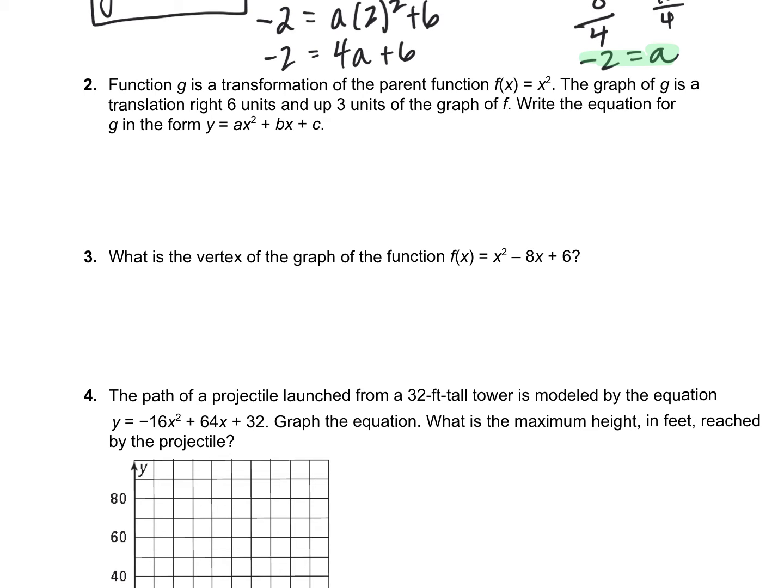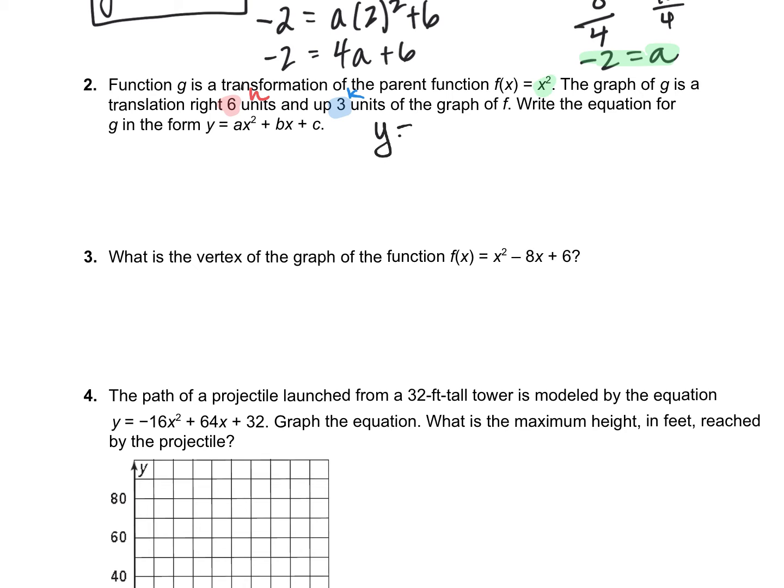Question number 2 talks about our parent function, and our parent function is this guy right here. That's just telling me what the shape of the graph is, so that would be a parabola. It's going to transform 6 right, that's my h, and 3 up, that's my k. So this guy is h, this guy is k. So I'm going to start with that formula that I know.